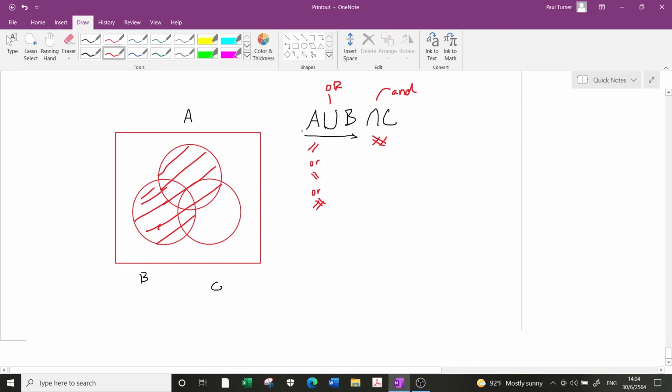So we've done A or B here. Where does that intersect C? C is here. Okay. So where are these two sets overlapping, A or B? Where does that intersect C? You can see that's only in this part here. Okay, where the lines overlap.